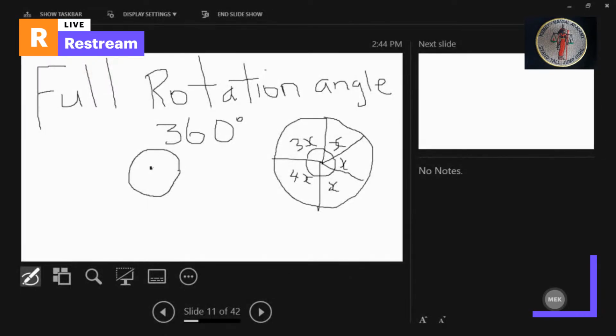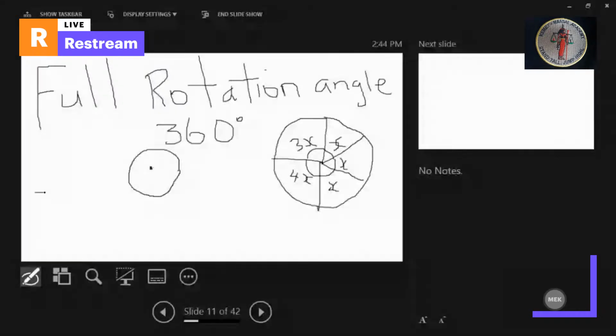One is 3x and one is 4x. So what we would do, we would form an algebraic equation. And we're just coming out of algebra class, learning how to solve algebraic equations. So we know that all of these angles must add up to 360 degrees.